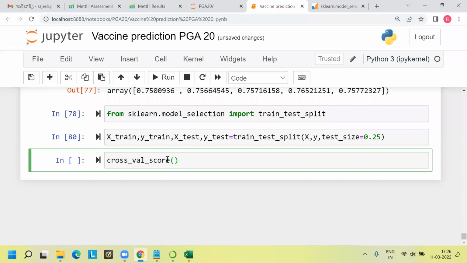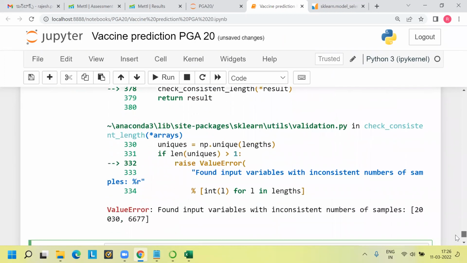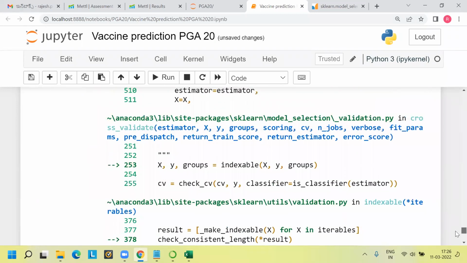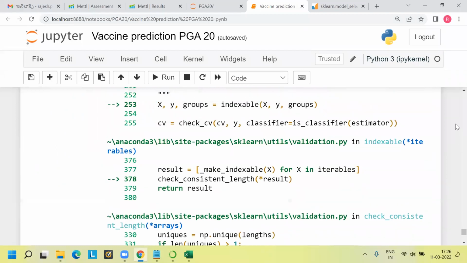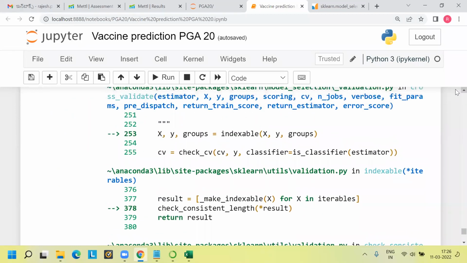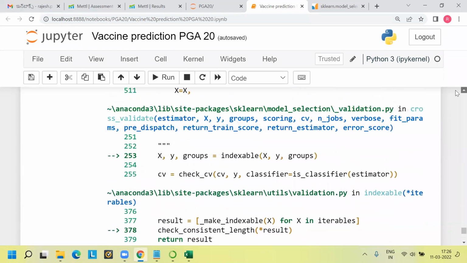cross_val_score NB, comma, X_train, comma, Y_train. What happened? What error came? Found input variables with inconsistent number of samples.